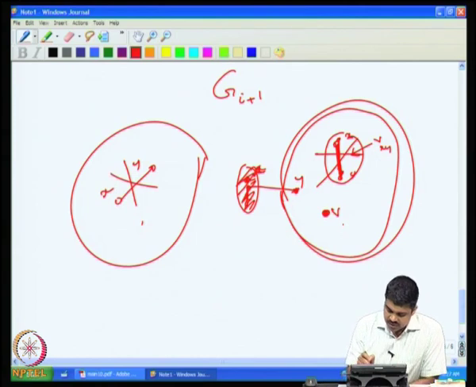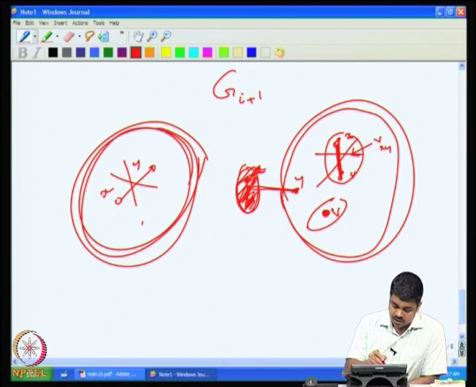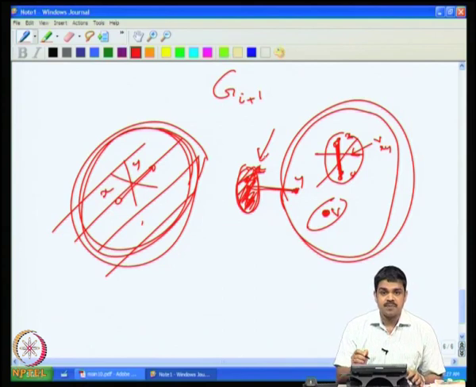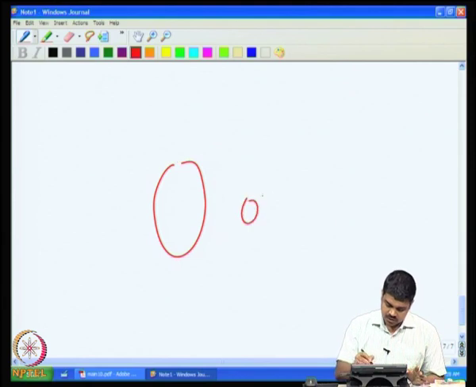Then also the same situation: if I contract, these 2 vertices, Vxy and this other vertex, are enough to separate v from this part. So we end up getting a minimum separator of cardinality 2 for Gi also, which is not possible. So the only conclusion we can make is that the situation is like this.